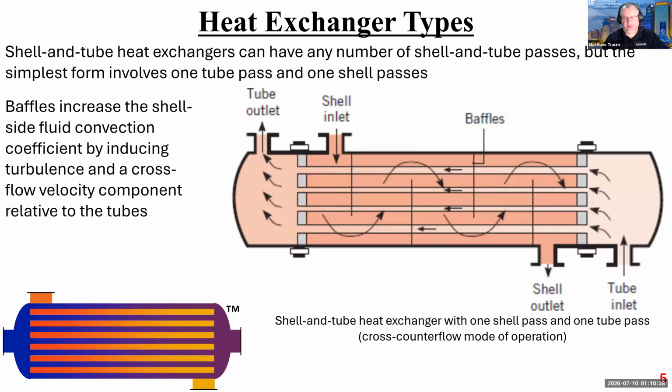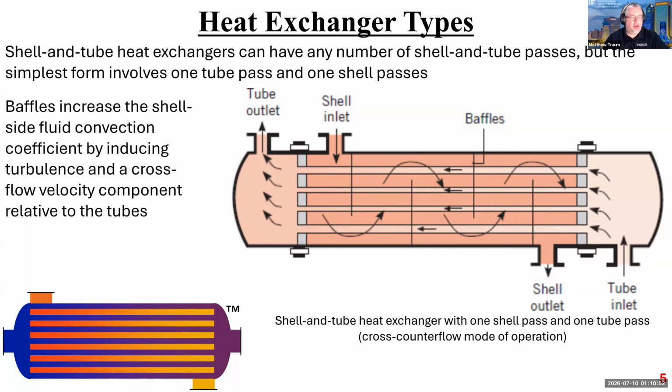And so baffles, even though they do create some modicum of pressure drop, usually more than make up for it in terms of energy savings from the beneficial effects of heat exchange between the tube fluid and the shell fluid, right? So typically you see baffles in a shell and tube heat exchanger.